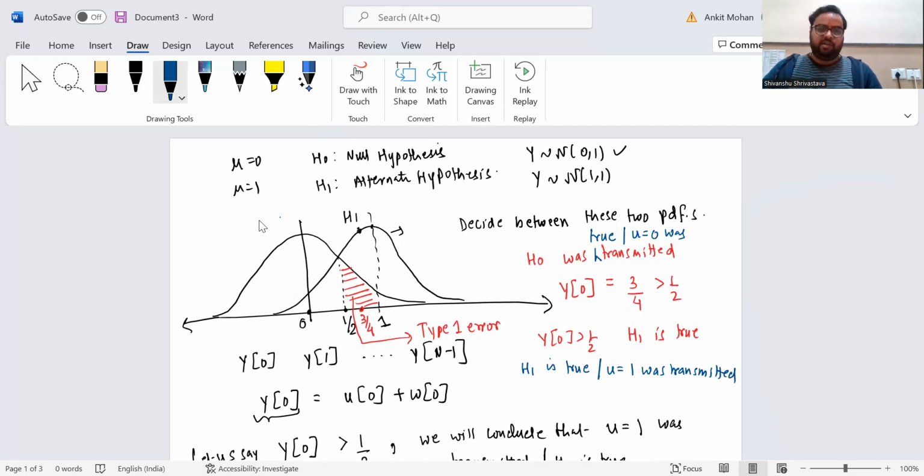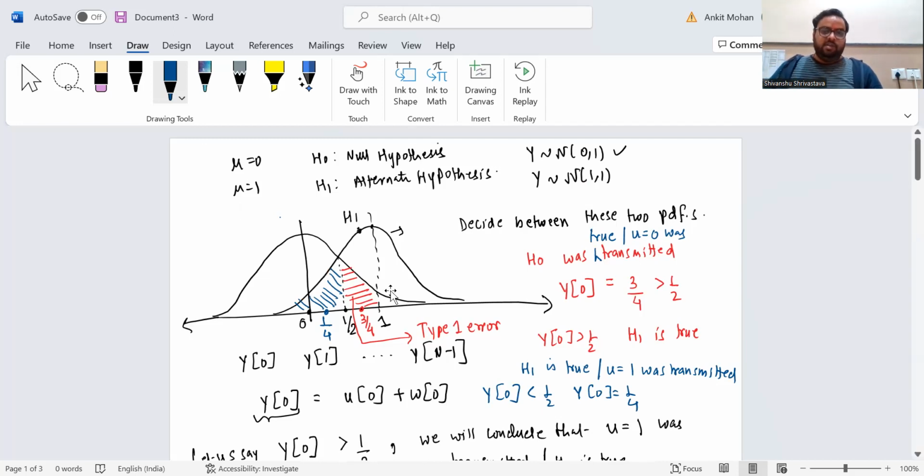Let us say I get a value y of 0 that is less than 1/2, for example y of 0 is equal to 1/4. When y of 0 is less than 1/2, we will directly conclude that the H0 hypothesis is true. But in actuality, H1 was true.